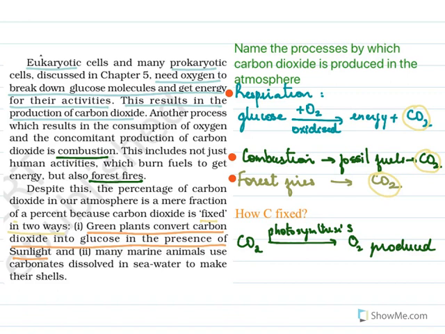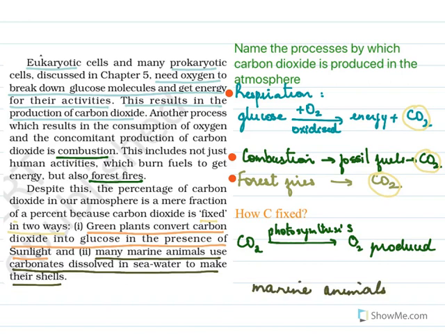And another process is that many marine animals use carbonates dissolved in seawater to make their shells. So these marine animals take the carbonates from the seawater and convert it into shells.